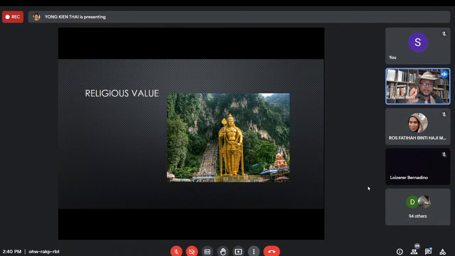But there is a value that they place on the hill, which sometimes helps in the conservation of the hill also. One good example is Gunung Kantan, because it has a temple over there. And I think one reason why it hasn't been quarried is because the temple is there. Although now I think there is a move to try to get them out. So hopefully they can stay put.